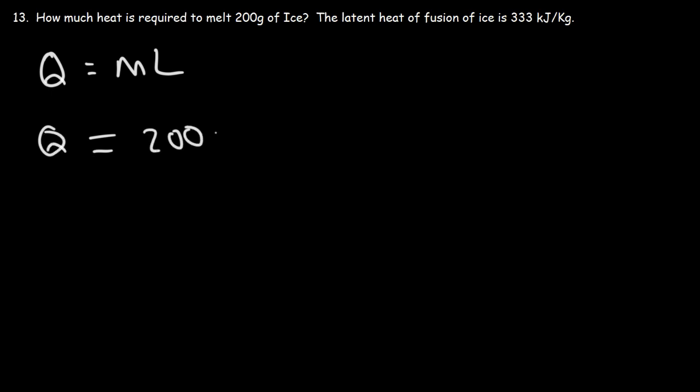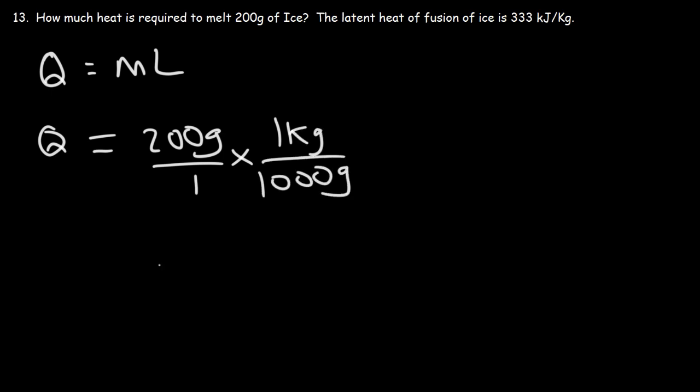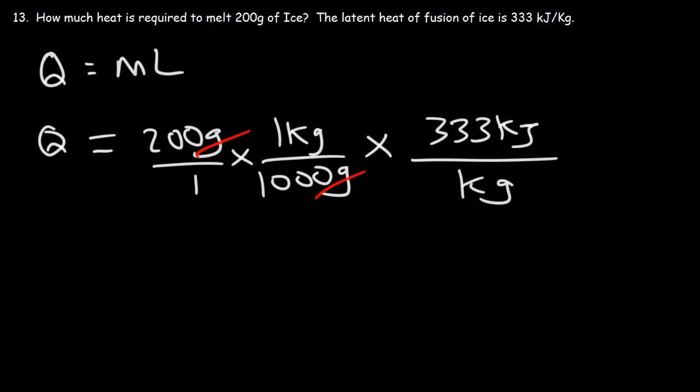So let's start with a mass of 200 grams. And let's convert that to kilograms. So 1 kilogram is 1,000 grams. So 200 divided by 1,000, we get a mass of 0.2 kilograms. And then we're going to multiply that by the latent heat of fusion, which is 333 kilojoules per kilogram.